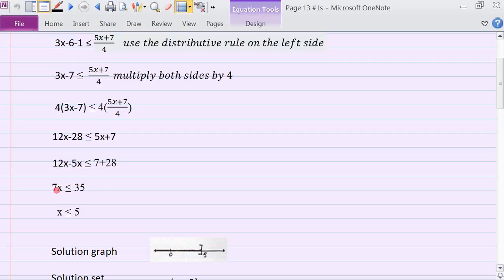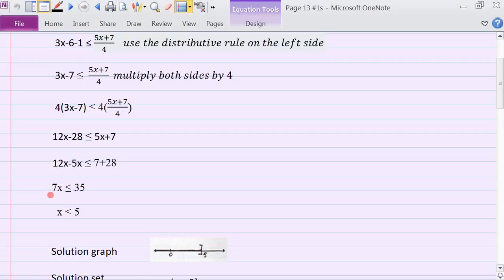12x minus 5x gives us 7x. 7 plus 28 gives us 35. So now we have 7x less than or equal to 35. We divide this side by 7 and this side by 7.